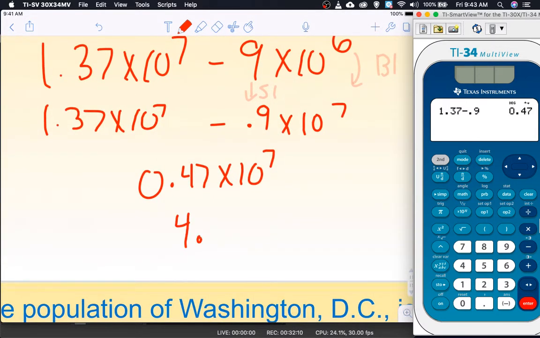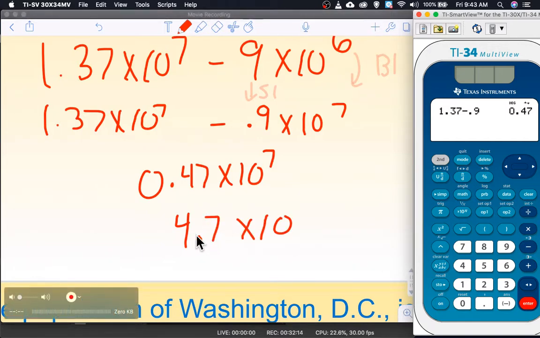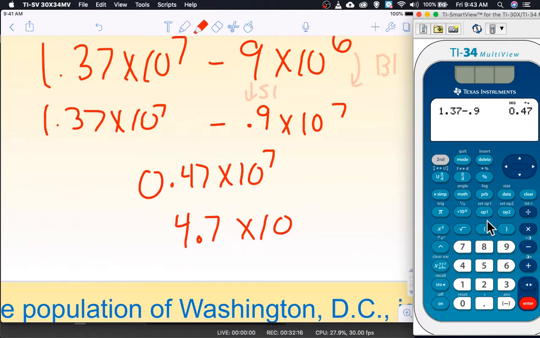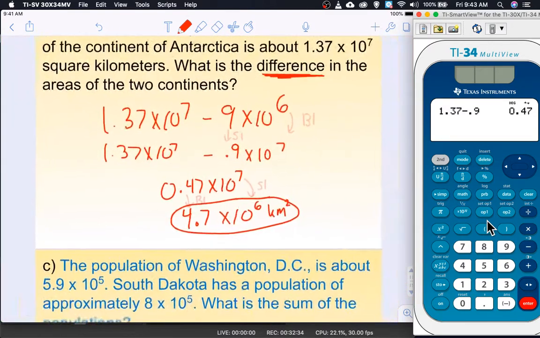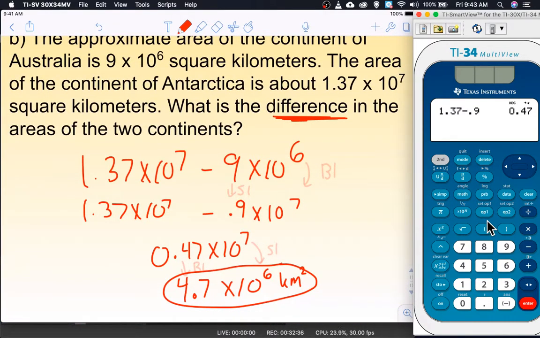For 0.47 times 10 to the 7th, the decimal goes here. My decimal piece got bigger by 1. The exponent gets smaller by 1, which makes that a 6. And I guess my answer would be in square kilometers. Okay, so subtraction.